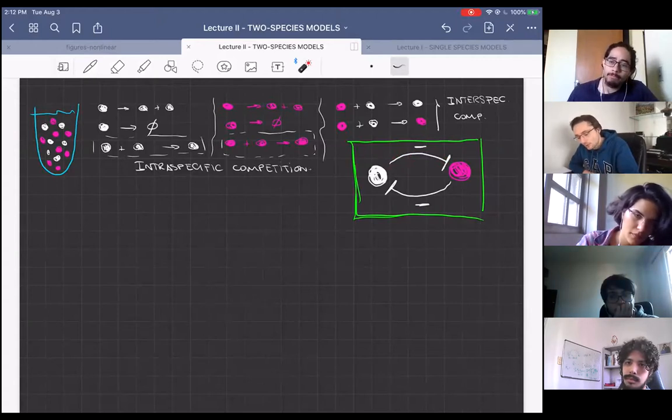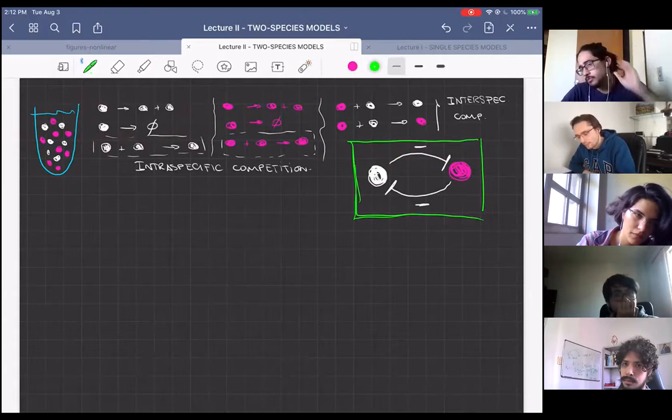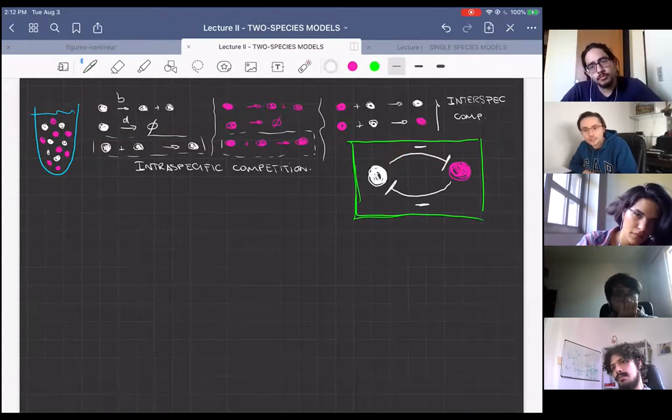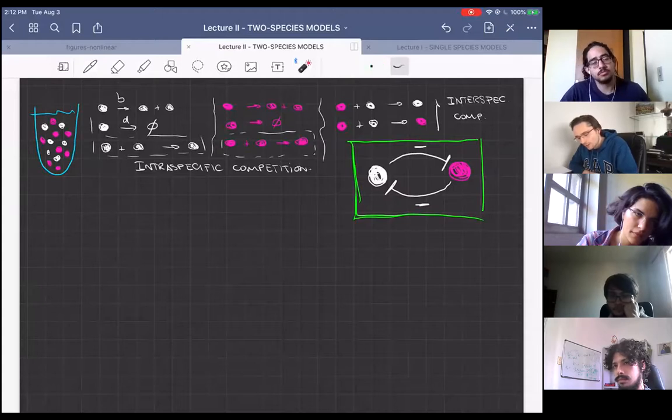What I can do, as you already probably thought yesterday, is I can merge these two processes together by defining an effective rate, which would be the difference between the B and the D that I was using yesterday. I can kind of rescale this process. What I cannot do is incorporate this death rate into this competition because, as we were saying yesterday, one is a linear process, the other one is non-linear.